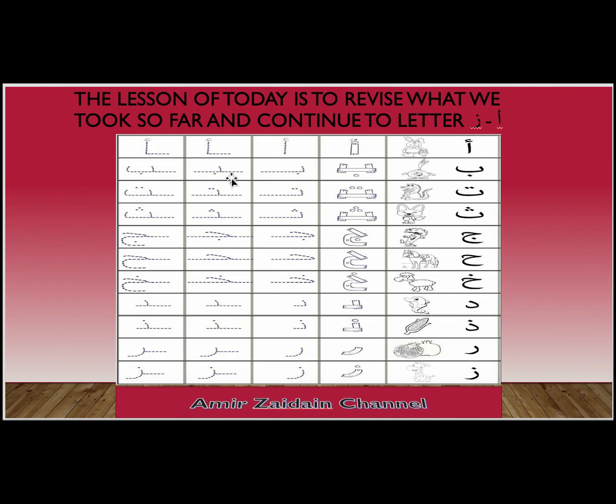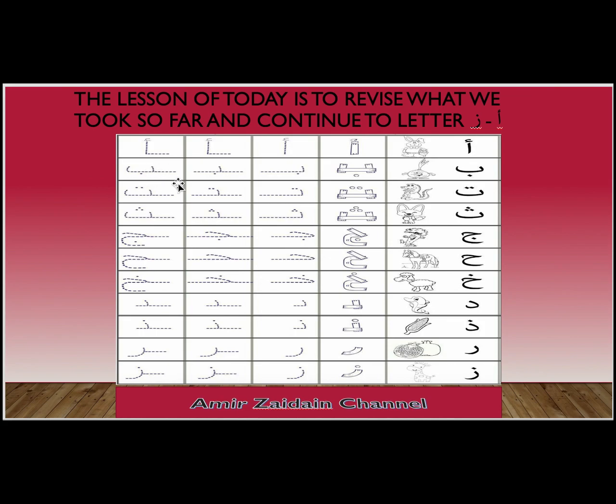In the beginning or in the middle of the word you write it similar to here, but with a little bit of liaison at the beginning. The liaison is not part of the letter. This is the letter, but this is to connect it with the previous letter or the letter after. The final B should be like that, with a liaison.